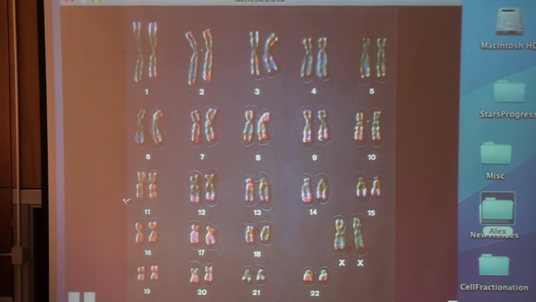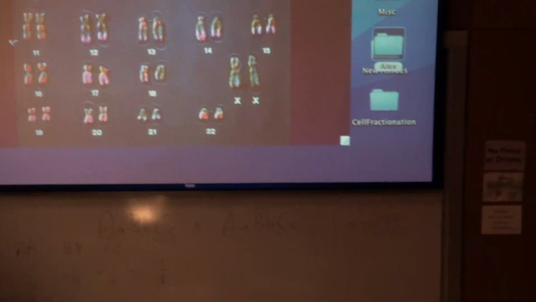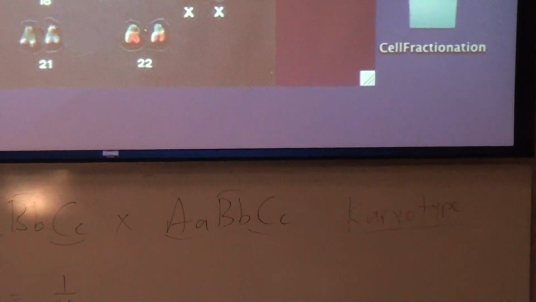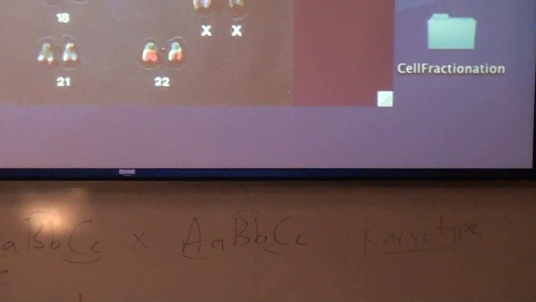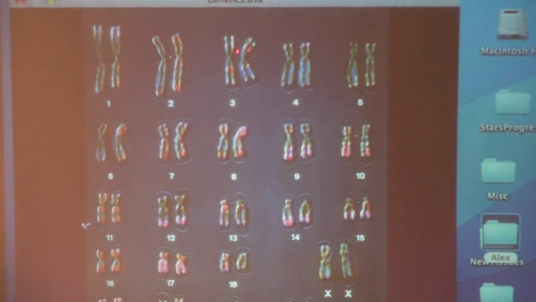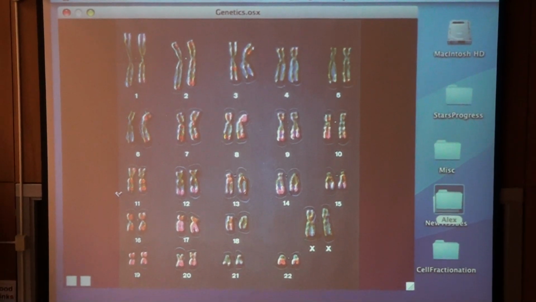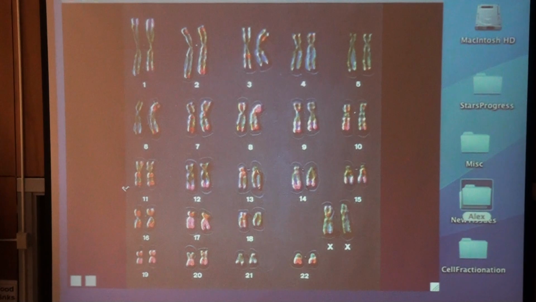It should match up with more or less what I've been telling you, that we are diploid creatures, so we have 2 of every chromosome. You can see the homologous pair of chromosome number 1's there, and the homologous pair of chromosome number 2's. You get 1 from mom and 1 from dad, and here's your homologous pair of chromosome 3's, 1 from mom, 1 from dad. So you have 2 of every chromosome, and each one's a homologous pair.